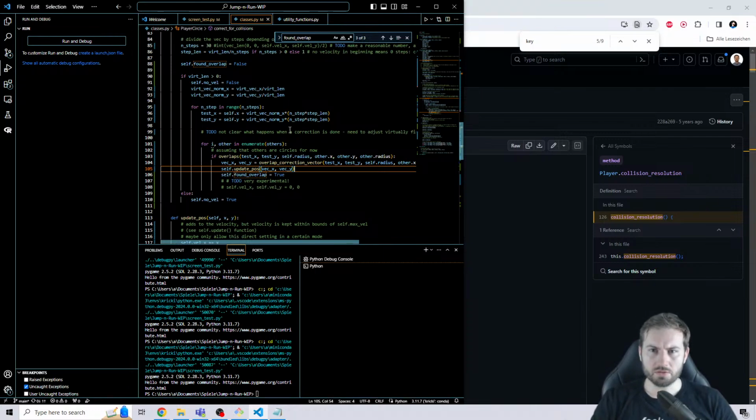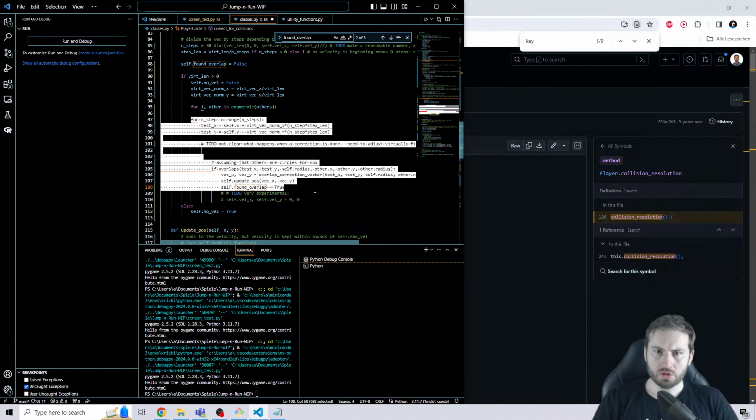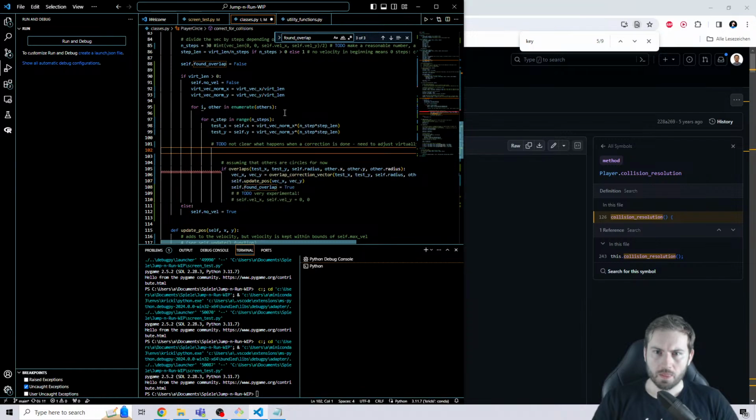So now I'm thinking that we move this one into the outer loop. I think, yeah, because otherwise it just keeps running when it found the overlap. So not super sure about where to put it exactly, but I think I put it here, and then this one goes back 1.